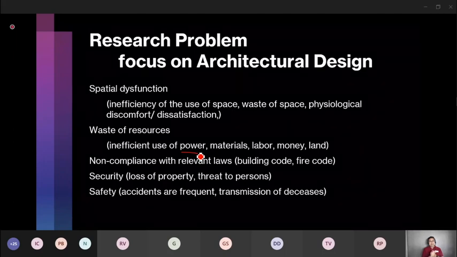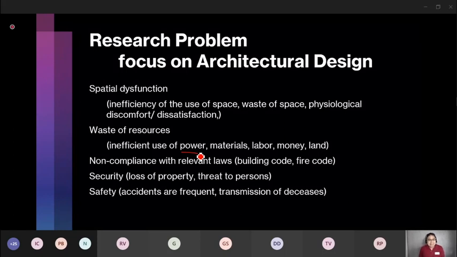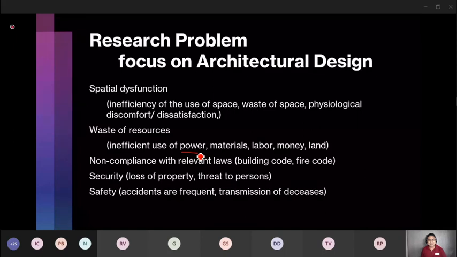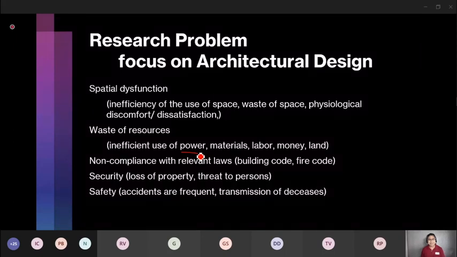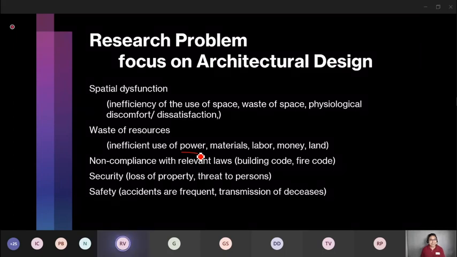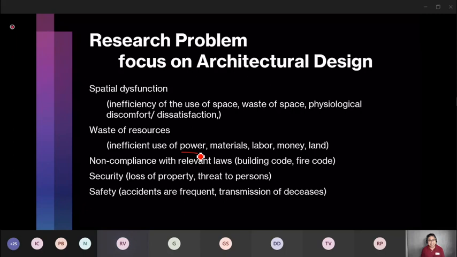So now I'm saying that, for example, for security, we can employ security guards. So that's not the angle we are looking at, because getting the services of a security guard or putting up CCTV, etc., can address security problems, but look at architectural design.